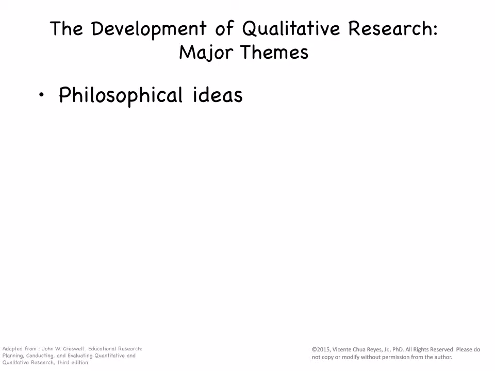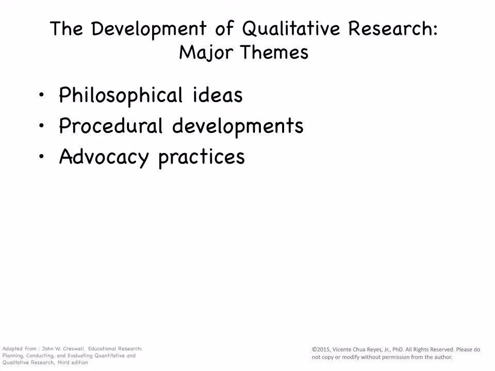These ideas come precisely as a rebuttal to quantitative research, the very positivist approach that determines quantitative research. The next theme that follows in the development of qualitative research would be procedural developments. And the final theme can be described as advocacy practices.